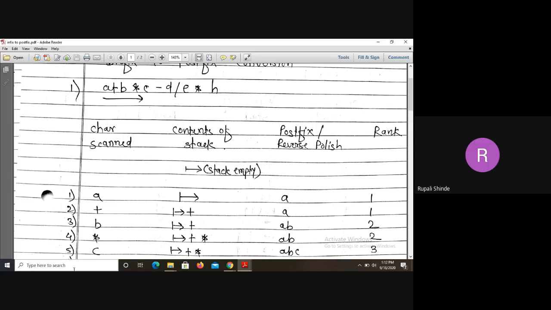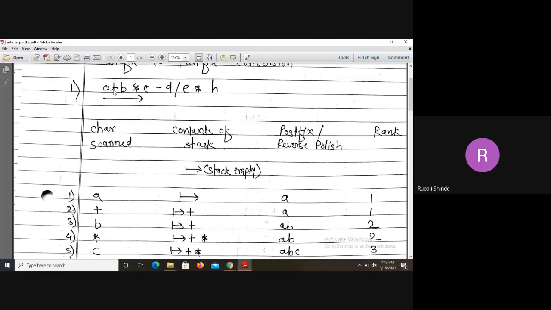Rank for symbol, and that symbol can be anything like A, B, C, D, etc., is 1. Yes, plus 1. And rank for operator is minus 1. Now here A, this is an operand, that's why we have written rank as 1. Okay. Now we have done processing with the first element, that is with respect to A.